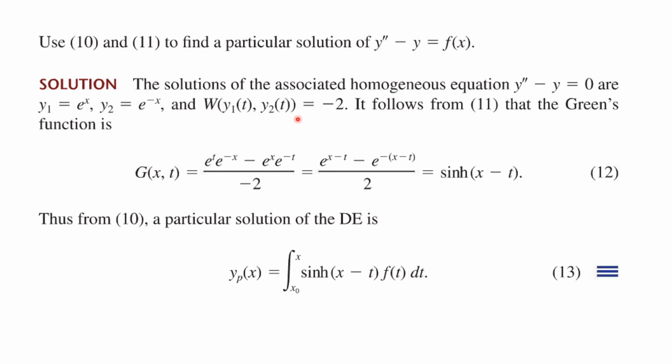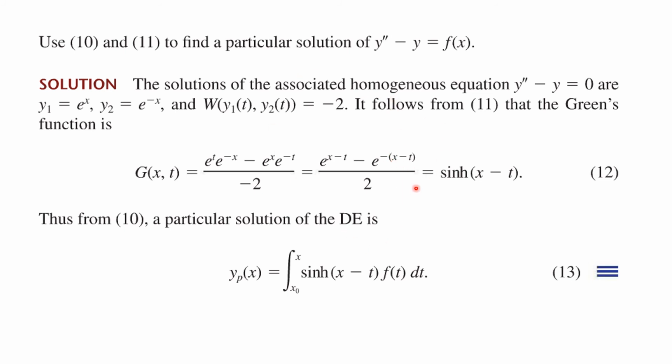You should check some of these arithmetics, but that's going to be minus 2. So using our formula for the Green's function, we end up with this. But now the minus changes the order of these, and using properties of exponents, whenever I do the calculation I will have e to the x minus t minus e to the minus whole of x minus t, all over 2.